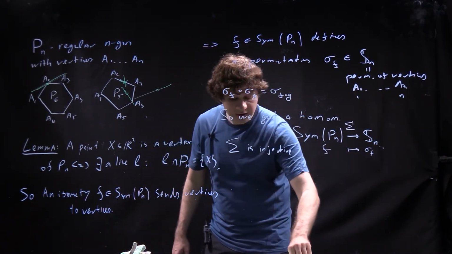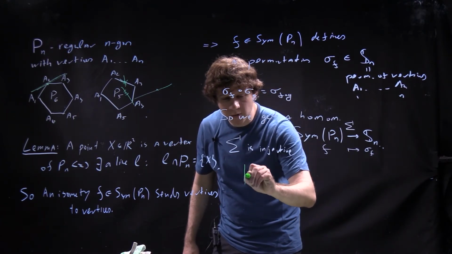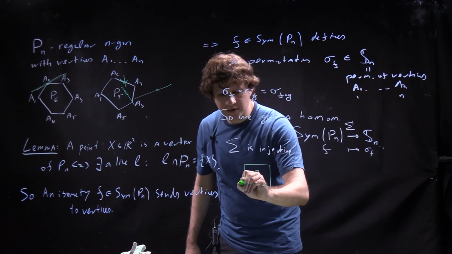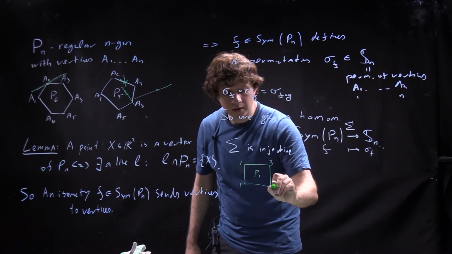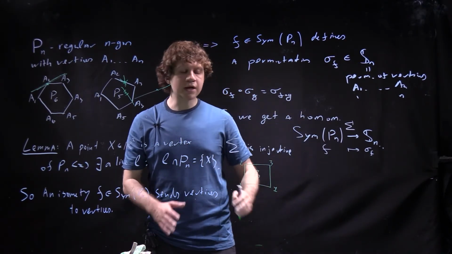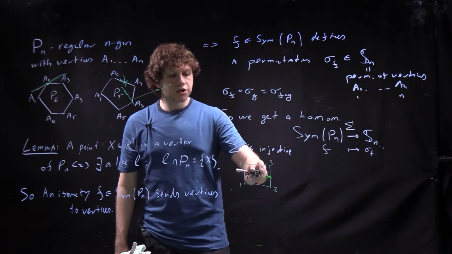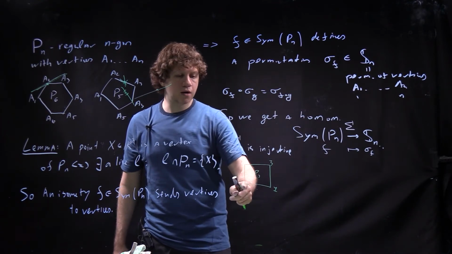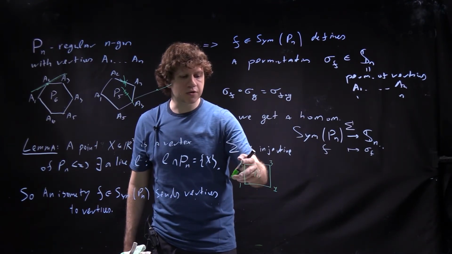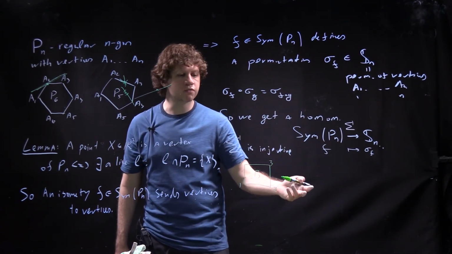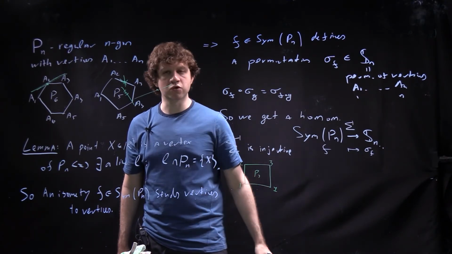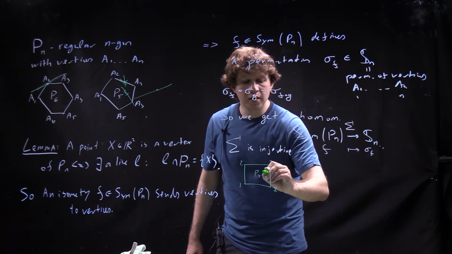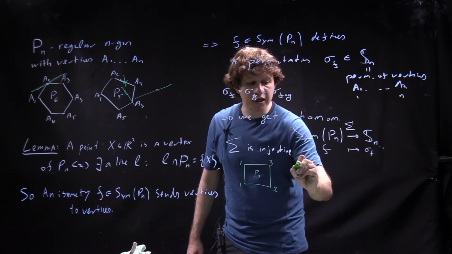So let's, for instance, consider the case of a square. So that's P4. And then there are vertices 1, 2, 3, 4, and one can write down all permutations. So we know that vertices go to vertices, and moreover, it's easy to see that consecutive vertices have to go to consecutive vertices, opposite vertices have to go to opposite vertices, and so actually there are the following 8 permutations.